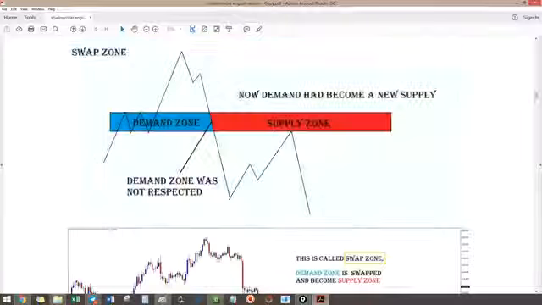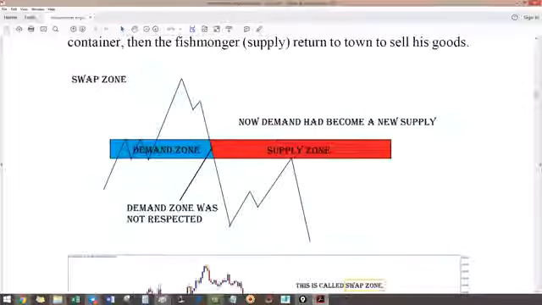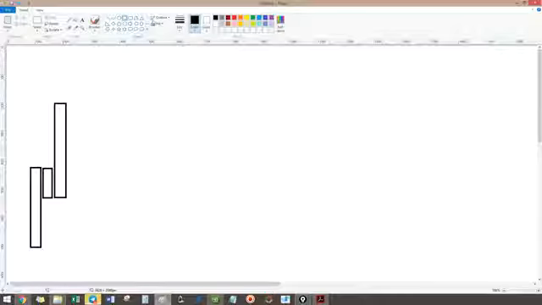Okay, so the demand zone was not respected. Now it becomes a supply zone. For example, we have something like this.